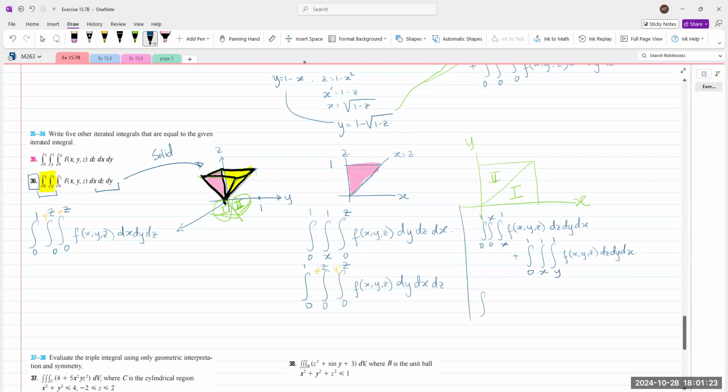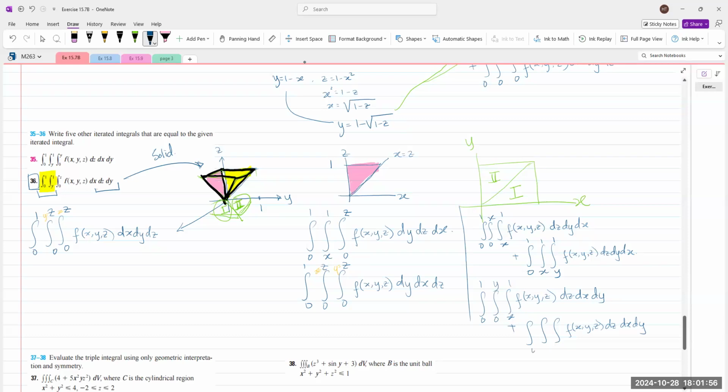Finally, if we want triple integral of f x y z dz dx dy, the y will be from 0 to 1, the x will be from 0 to y, this is x to 1.